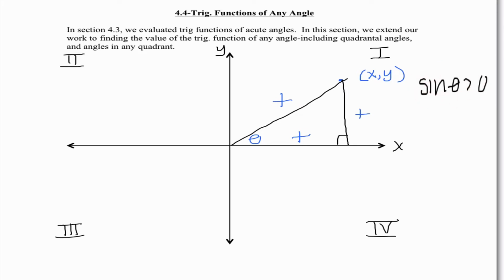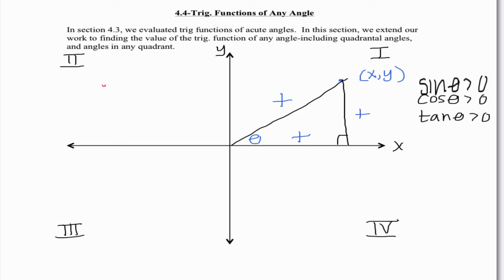Next, for cosine, adjacent over hypotenuse, I have a positive over a positive again. So I'm going to say cosine of theta is greater than 0. Tangent, opposite over adjacent, I have a positive over a positive once again. So I'm noticing that all three of these trig functions are positive in quadrant 1. Now notice I'm just focusing on these three, but we know that their reciprocals would also be positive because if I flip a positive fraction, it stays positive.